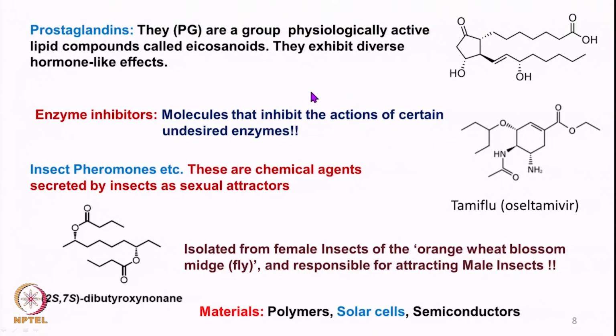Now, we have another set of molecules which are called prostaglandins. They are a group of physiologically active lipid compounds called eicosanoids, and they exhibit a lot of different types of hormone-like effects. The structure of prostaglandins is somewhat like this. This is one example, but there are many similar types of prostaglandins.